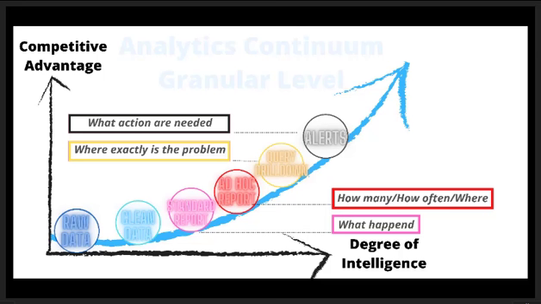This standard report tells what has happened: what the revenue is, how much it has grown from last year, how much it has grown from last month, and so on.